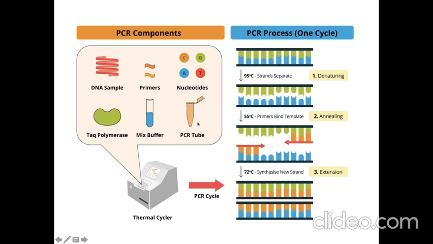Annealing, when the primer is attached to the target DNA, and extension, when this primer is elongated during the process of replication. All these 3 processes happen at different temperatures. For example, denaturation occurs at 95 degrees centigrade, annealing occurs at 55 degrees centigrade, and the extension of the polymerization occurs at 72 degrees centigrade.